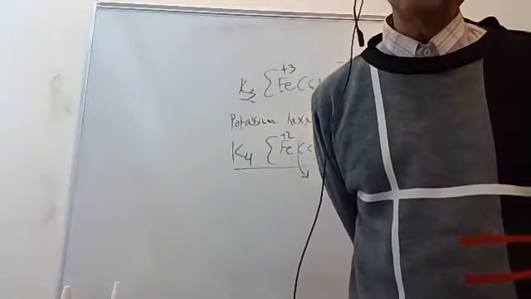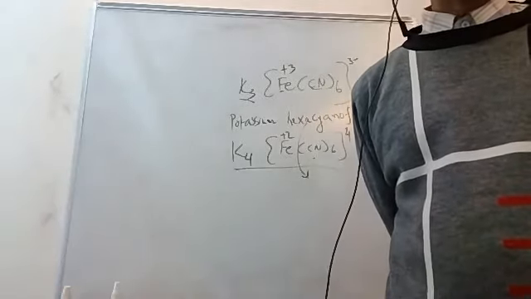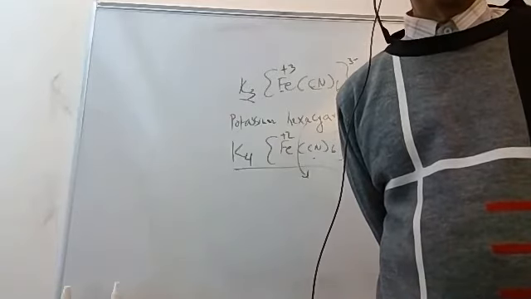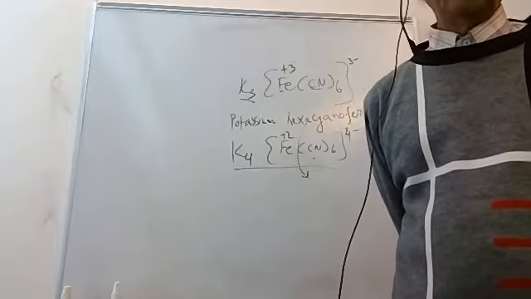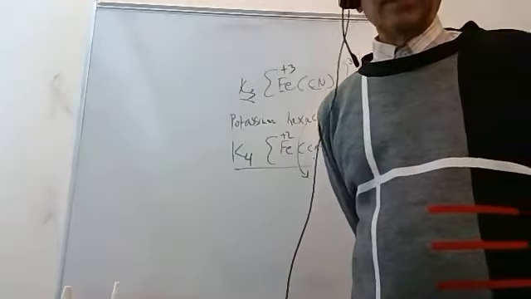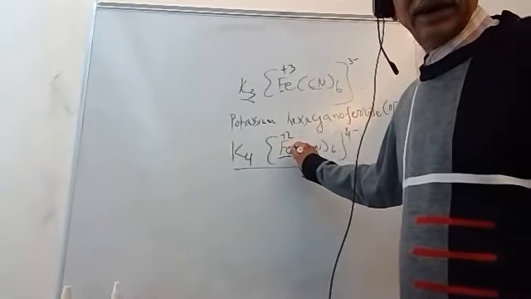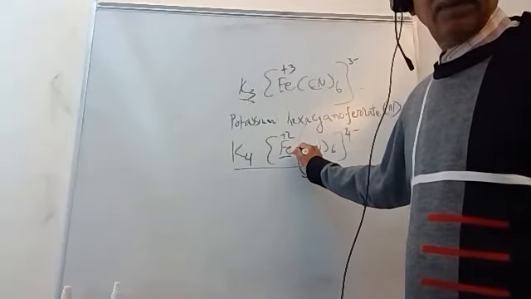Iron 3 or iron 2? Iron 2. Iron 2, because if not, you kill him. This complex is very stable. It binds to the cyanide in the body very quickly.